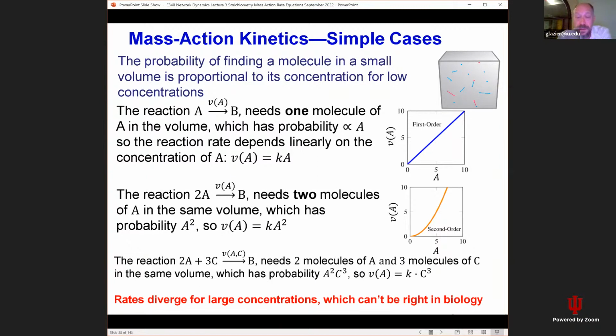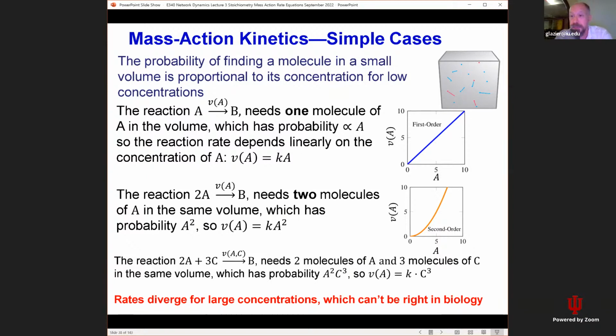One of the things you'll notice is that as the concentrations go up, the rates go up, and they don't saturate. Now, in reality, I can't have an infinite concentration, because I can't stuff an infinite amount of material into a finite volume. I'm not a black hole or a neutron star. On the other hand, for biochemical reactions, the concentrations are typically very low. We're talking about nanomolar, picomolar concentrations.